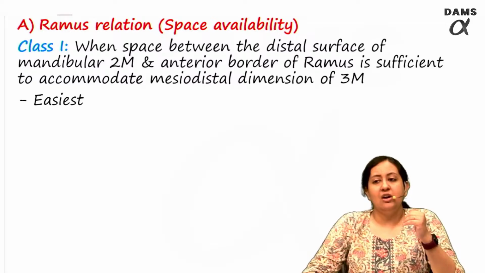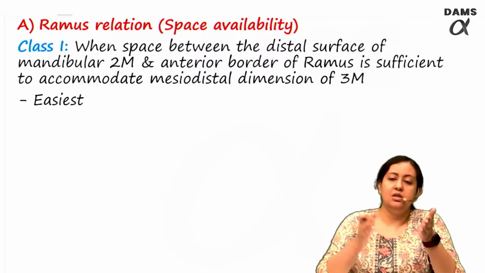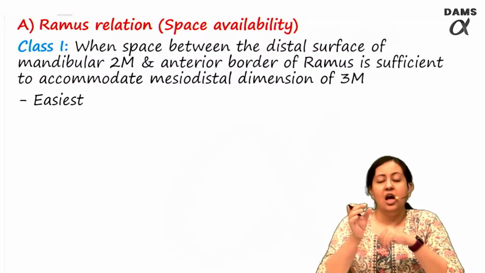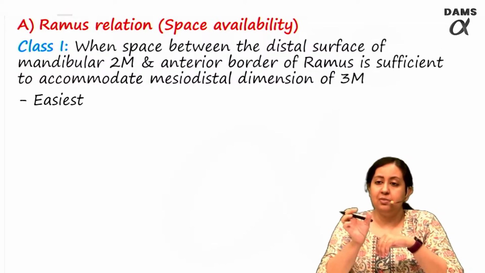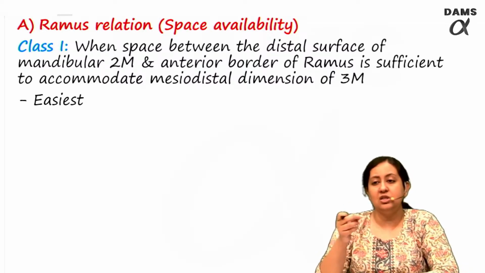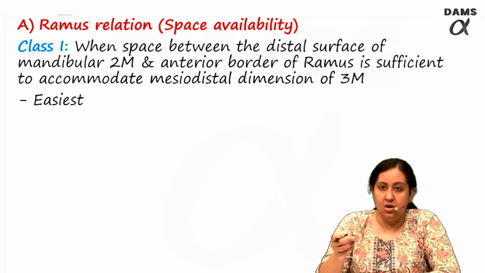How do we determine the Ramus relation? When we are looking at Ramus relation, we see the distance from the distal aspect of the second molar to the ascending border of the Ramus, and we see if that space is sufficient to accommodate the mesodistal dimension of the third molar or not.